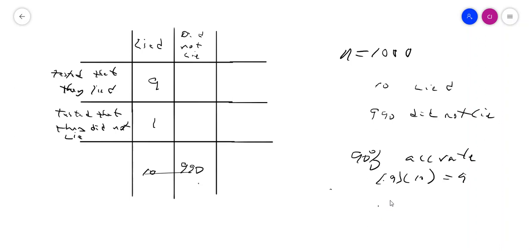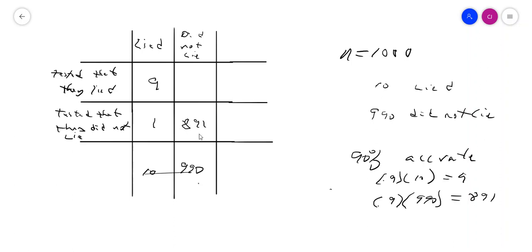So it's 90% accurate, right? Times 990 is equal to 891. Okay, so 800. So you got to be careful on that part.